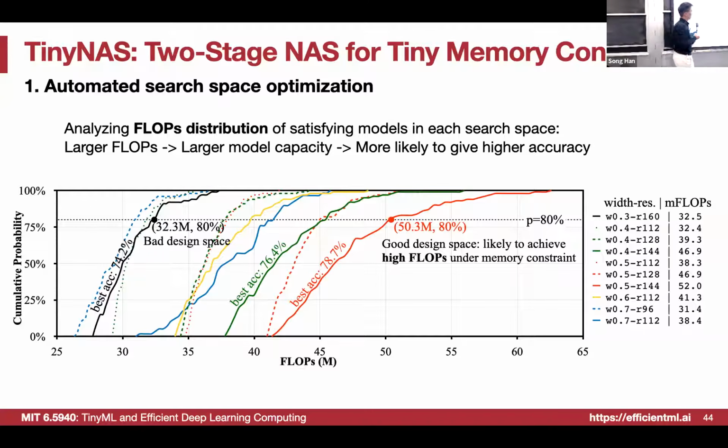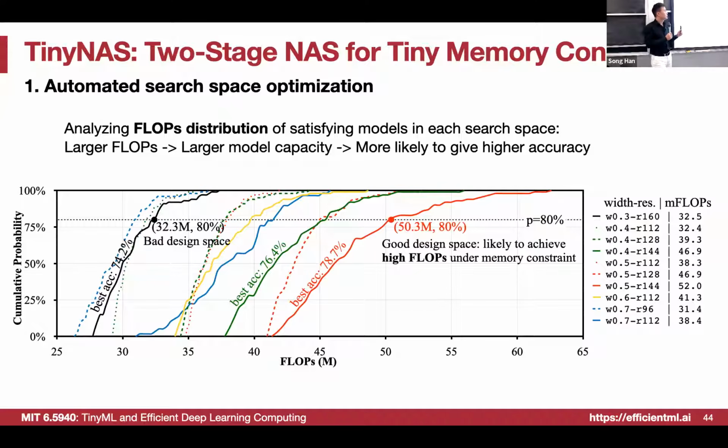Therefore, we tried a lot of different design spaces in different colors here. For example, we can compare this black design space and red design space. What is the difference between them? Which one is better? So here, the x-axis is the FLOPs, and the y-axis is the cumulative probability.